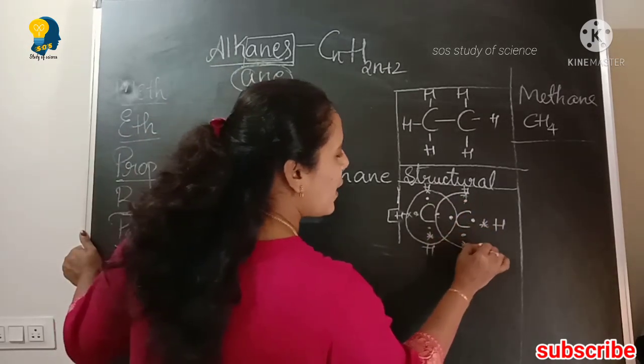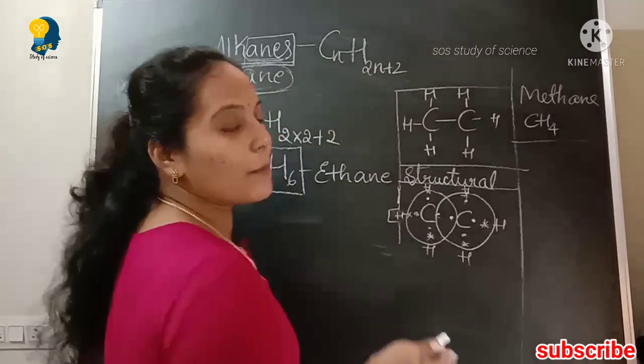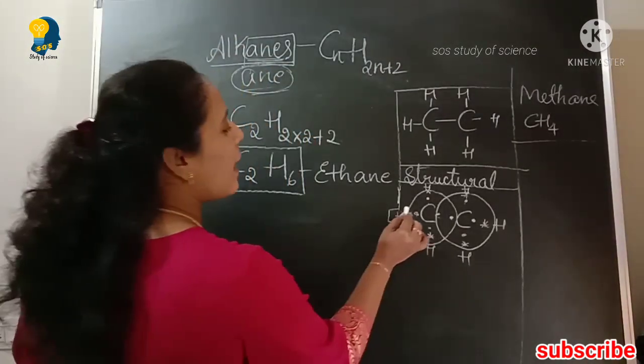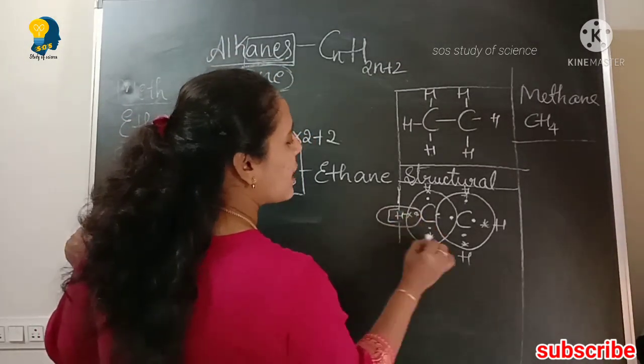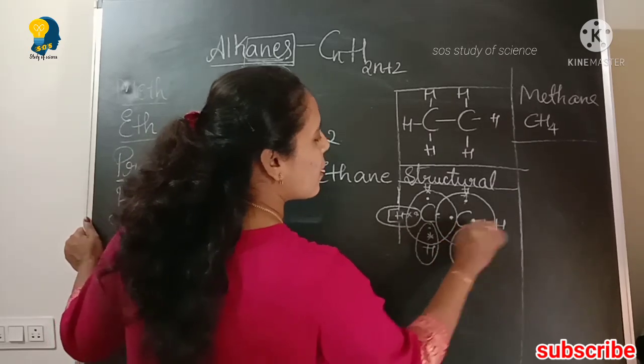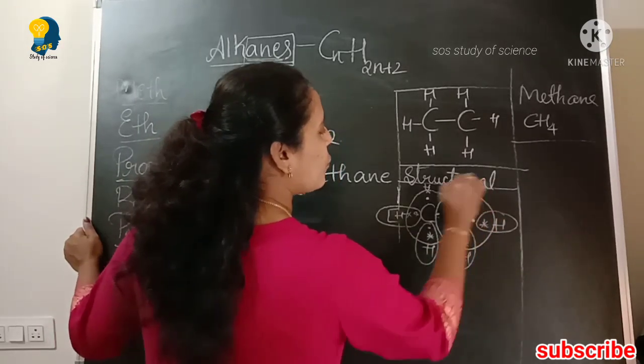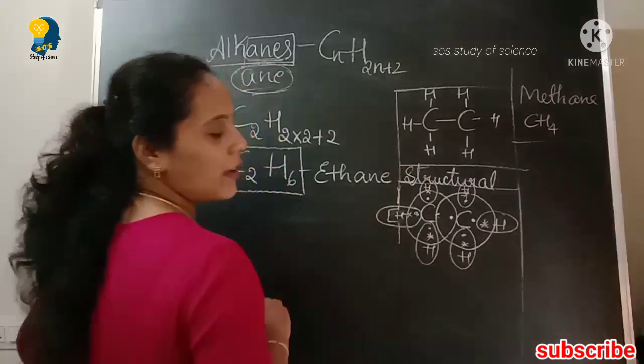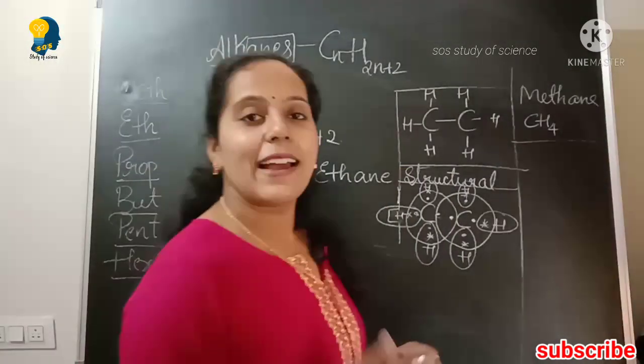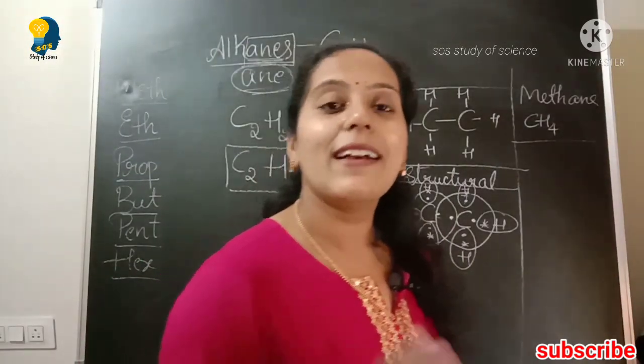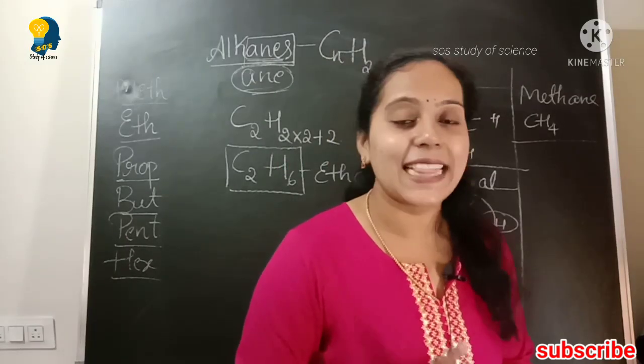So 8 valence electrons surround the second carbon atom also. And each remaining hydrogen atom has 2 valence electrons. So this is how we write the electron dot structural formula for the second member, that is ethane.